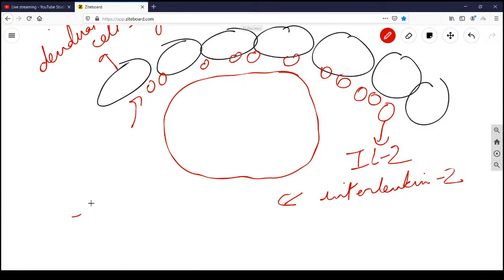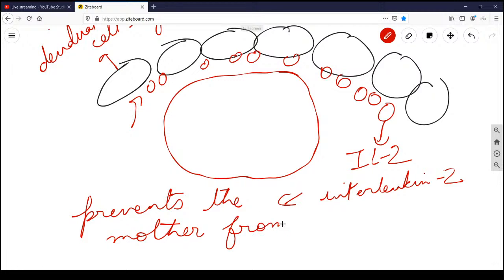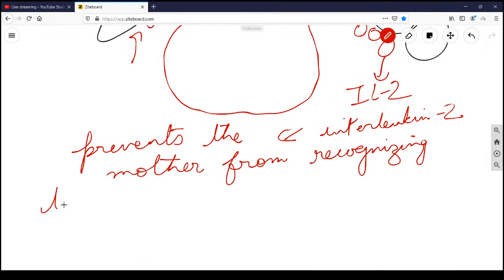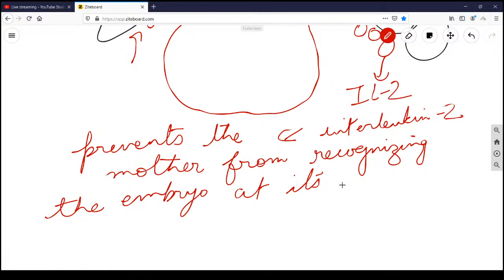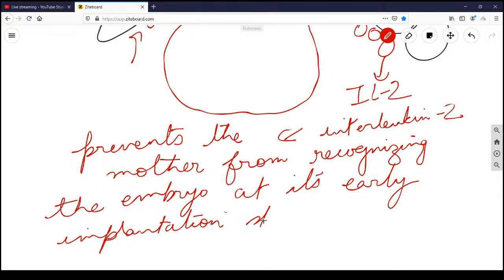This interleukin 2 prevents the mother from recognizing the embryo at its early implantation stage as a foreign body.